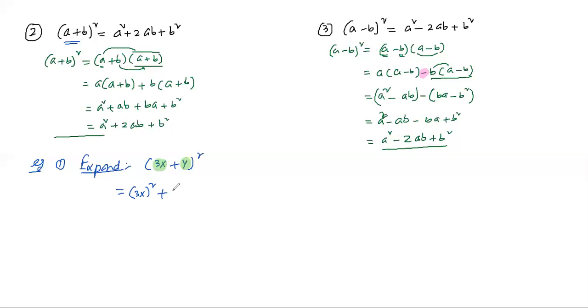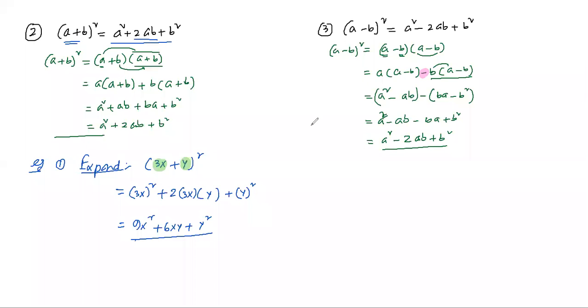Then from the formula I write twice AB: 2 I have written, this is the place for A, this is the place for B, and here is the place for B square. If you follow these things without any deviation, you will never be wrong. So (3x) whole square is 9x square. Then multiplying 2 into 3 is 6, and then xy, and then y square.